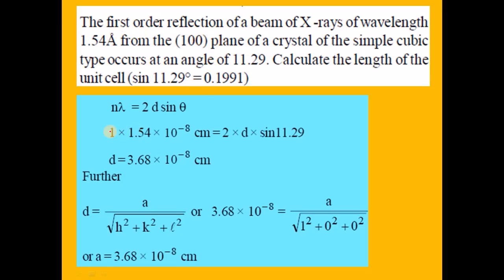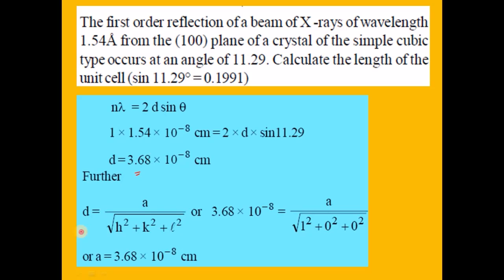First order reflection means n value is 1, and the sin theta value is directly given, so the d value is 1.54 angstrom units, 10 power minus 8 centimeters, divided by 2 sin 11.29, and you get the d value as 3.68 into 10 to the power of minus 8 centimeters.